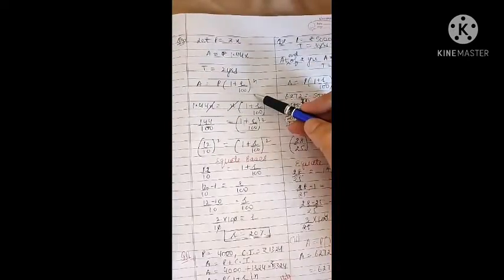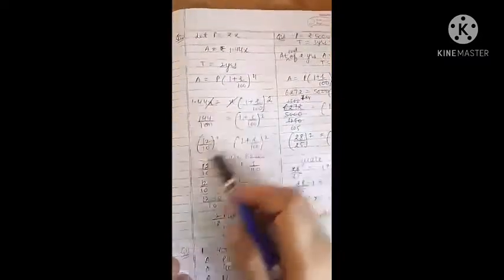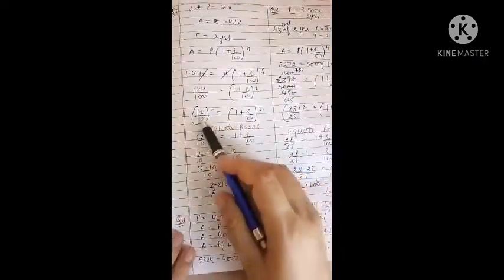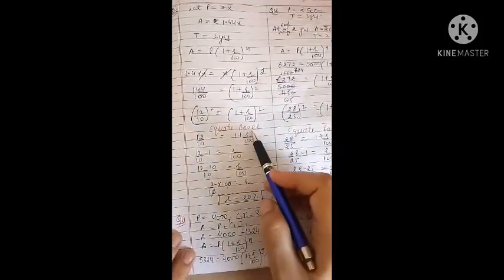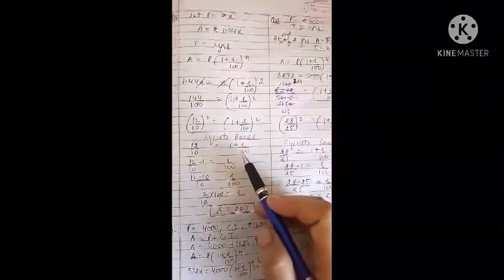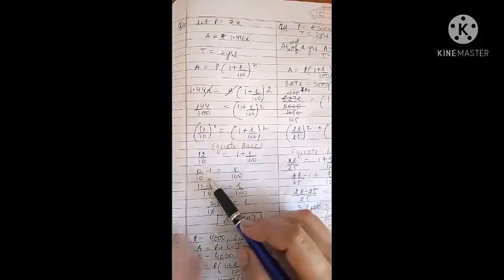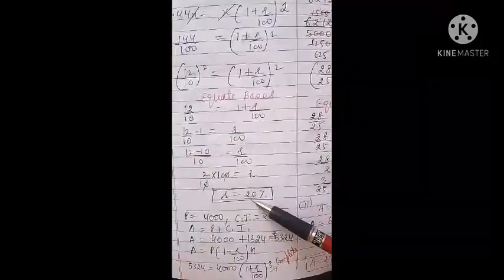Then we can apply the formula of amount. We will put the values, x will cancel and then we can solve it. You can see here also whole square, here also whole square, so we can equate the bases. After equating bases, 12 by 10 equals 1 + r/100. So shift 1 to the other side, solve it, and in the end we get the rate as 20%.